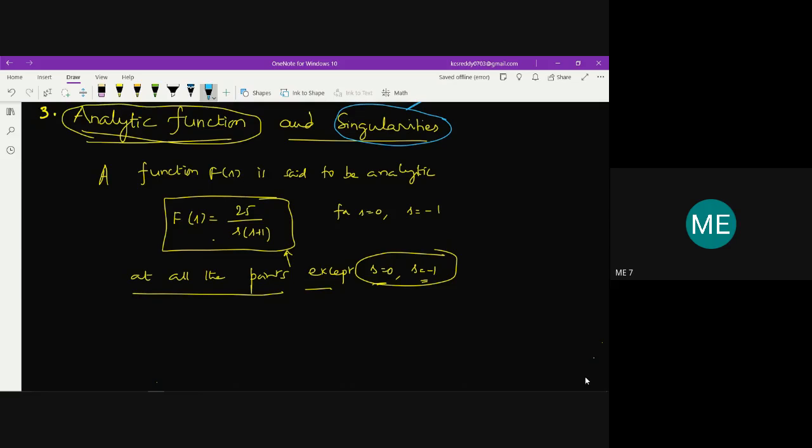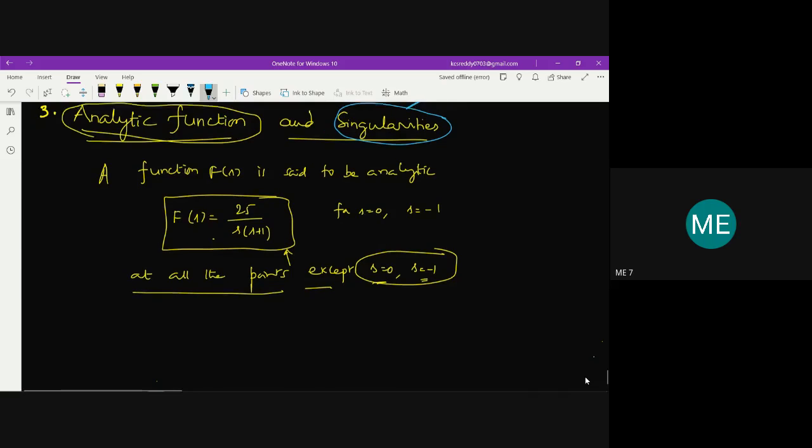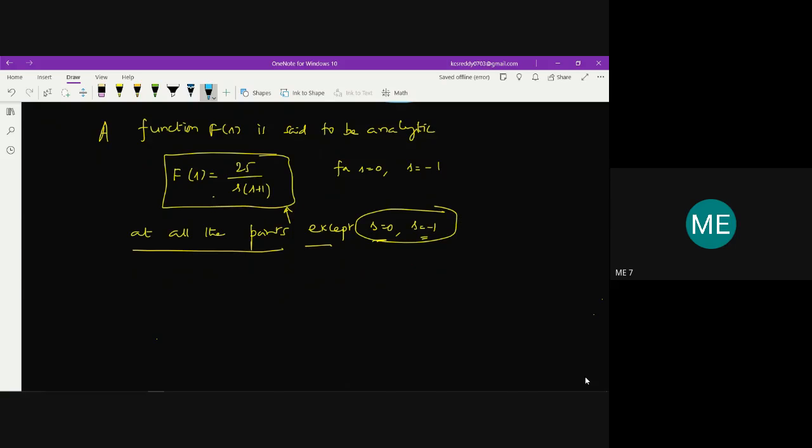For example, if I take f of s equal to the square root of s, and for s equal to 16, f of s becomes the square root of 16, which is plus or minus 4. So it has 2 values, plus 4 as well as minus 4. Hence this function will not be called single valued.